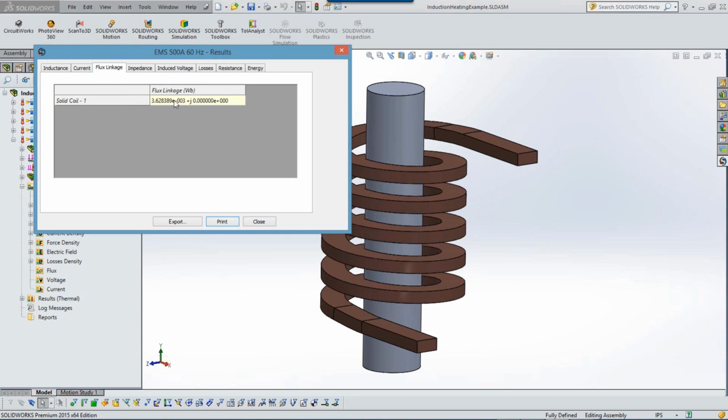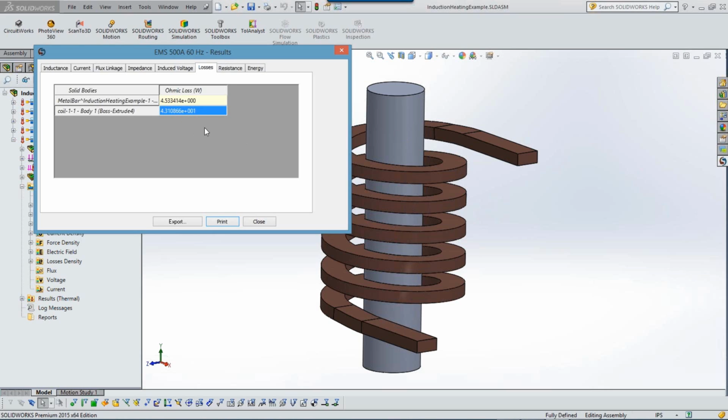It also gives you the flux linkage in terms of Weber, and finally it also gives you the losses both in the metal bar as well as the coil for this particular type of excitation. The losses in the coil are very simple. It's I squared R, ohmic loss. You have a current going through it, there's also a resistance involved in the coil, and I squared R. But because this is AC current, you need to find out what the AC resistance and the AC loss, the ohmic loss with respect to AC, is.